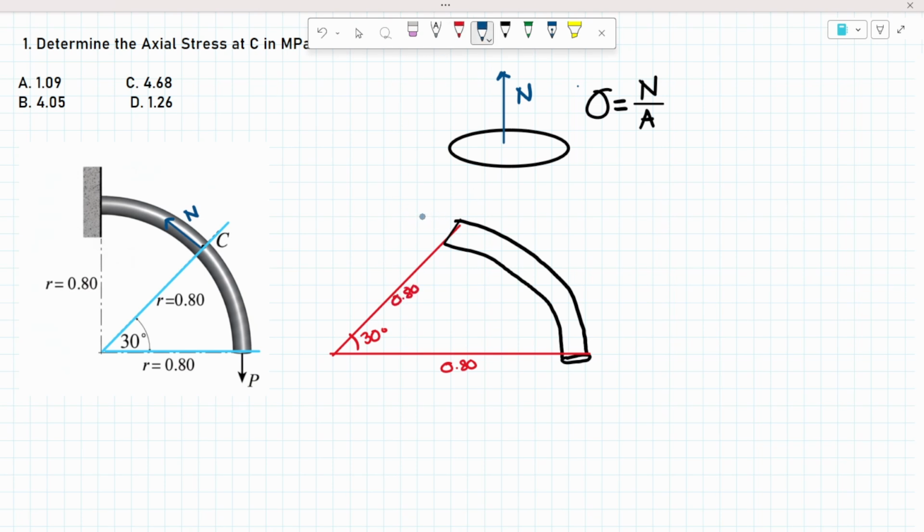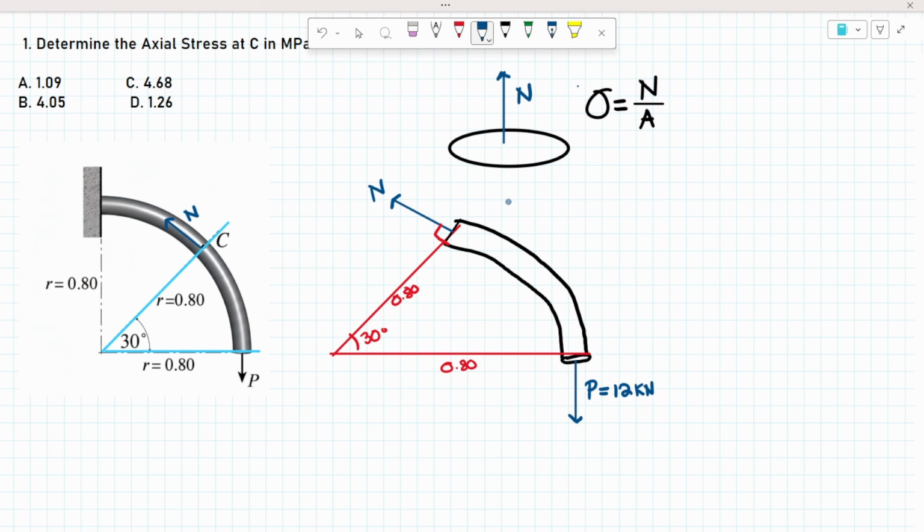This is your normal force. Perpendicular siya sa cross-section or sa section C. When you say perpendicular, this forms a 90-degree angle. Okay. And before we forget, we have here your force P. This force P is equal to 12 kilonewtons. And this is your N.